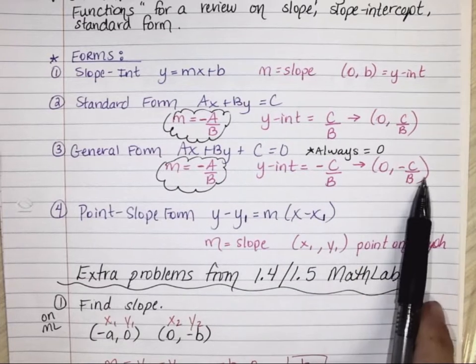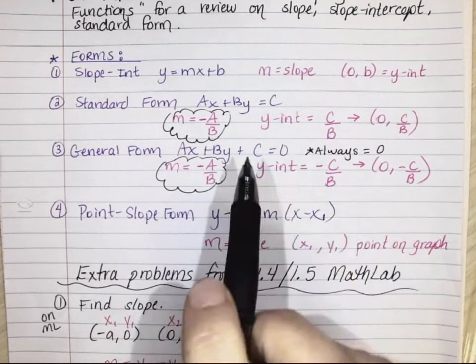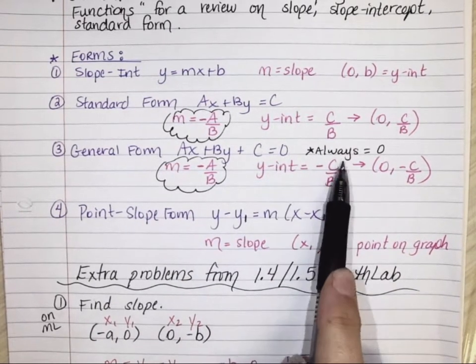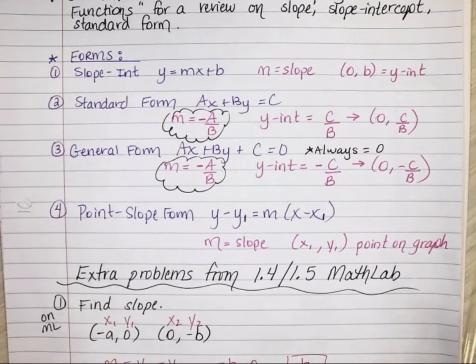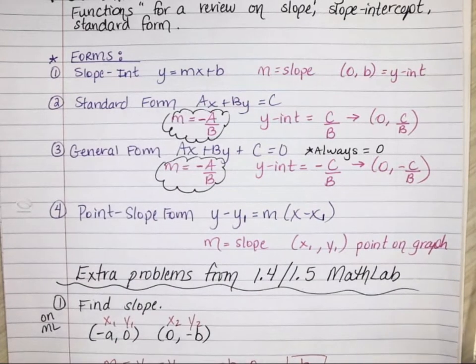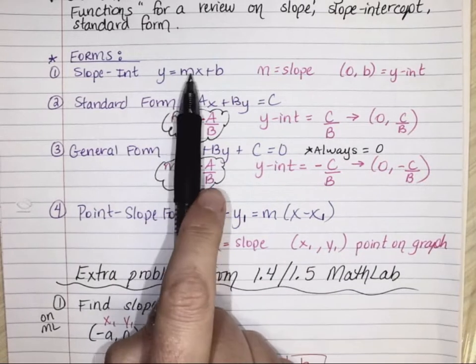Your y-intercept is different, however. You would take by plus c equals 0, subtract c, and then divide by b to solve for y. If they're asking you to convert from general form or standard form to slope-intercept, you simply find your slope, find your y-intercept, and plug in for m and b.